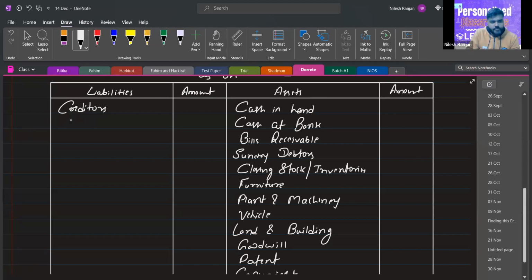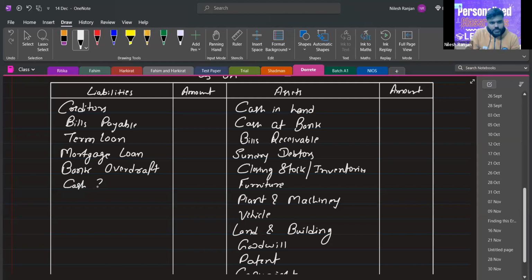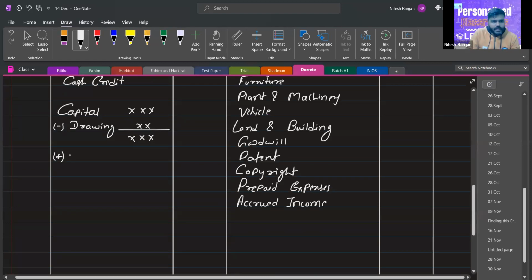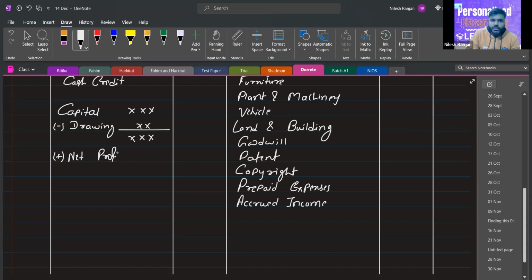Here it will be creditors, bills payable, term loan, or you can say mortgage loan, bank overdraft, cash credit, and then in the last you write capital, and you will deduct drawing from here, and then you will add net profit that you calculate in the profit and loss account.